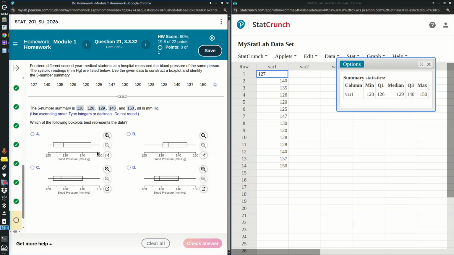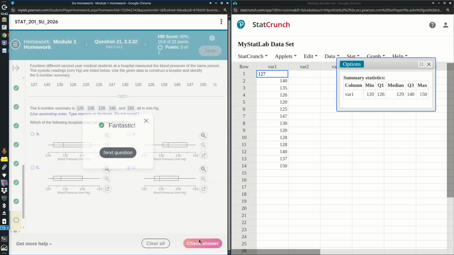So this looks like about 129, 129, 129, 129. So all the medians look kind of okay. C is probably not okay. All those look like they're at 150. What about Q3? 140. B doesn't look right. A doesn't look right. D is the only one that has Q3 at 140, so D looks like our answer.